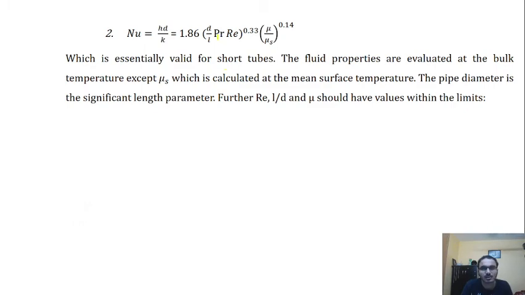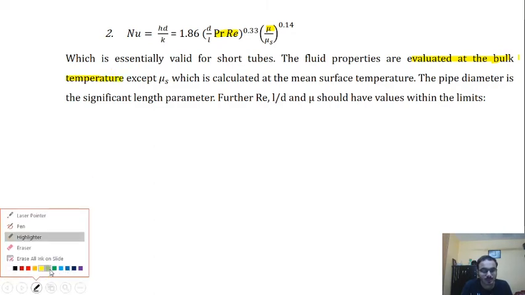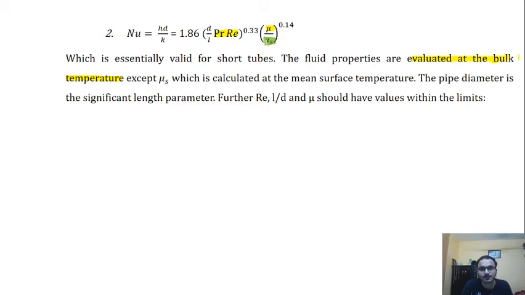If you see, all other properties are evaluated at bulk temperature, and only this μs, that is this portion, is evaluated at mean surface temperature. So you need to take care of this while applying this formula.